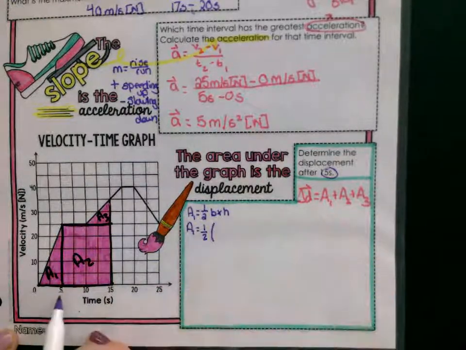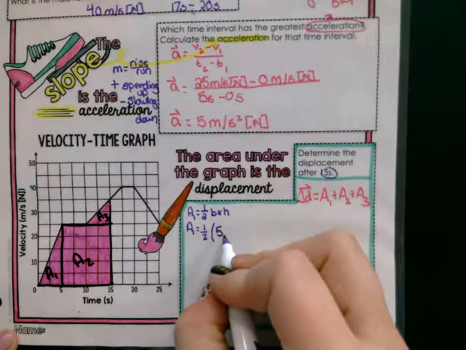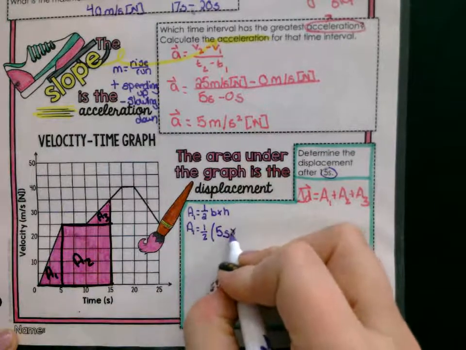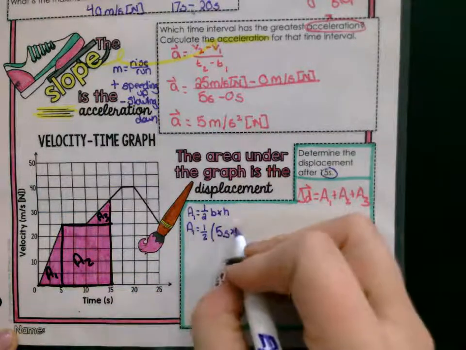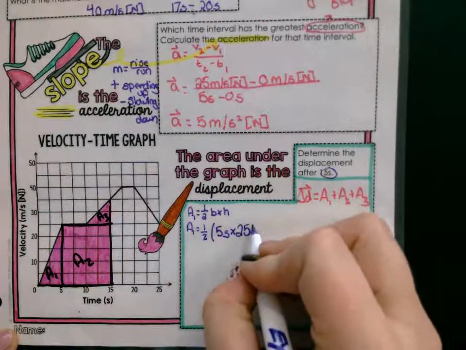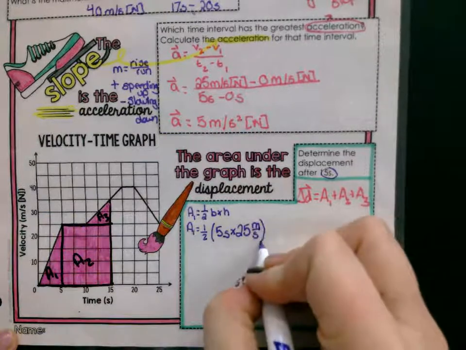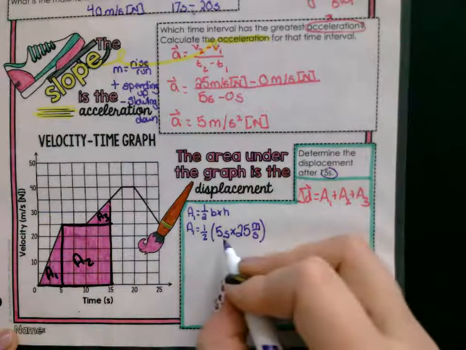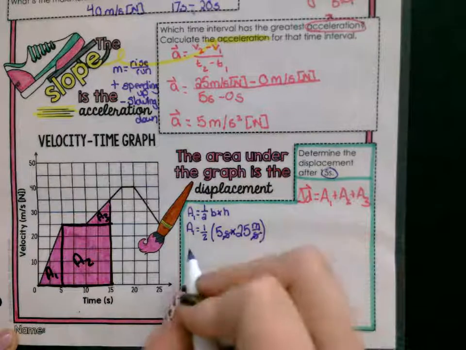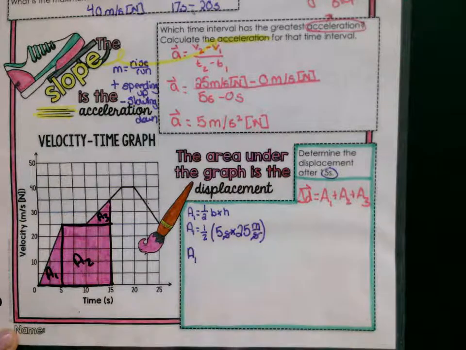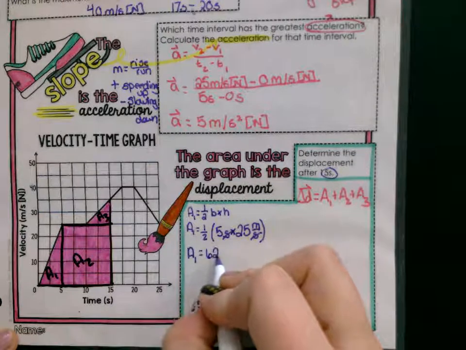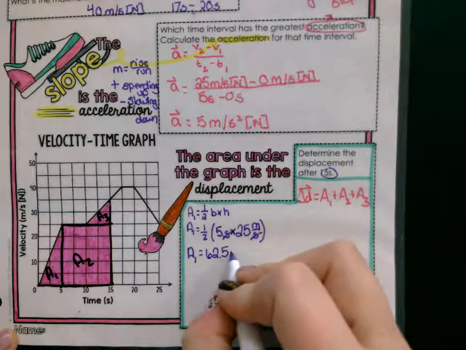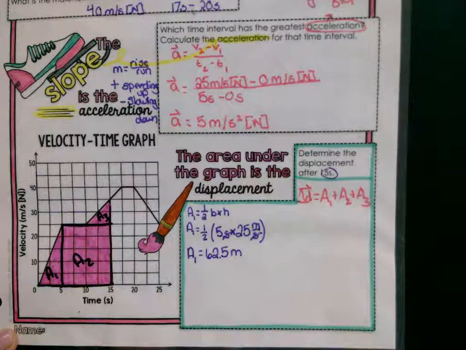My base is 5 seconds times my height is 25 meters per second. My seconds cancel. So my area of triangle 1 is 62.5 meters.